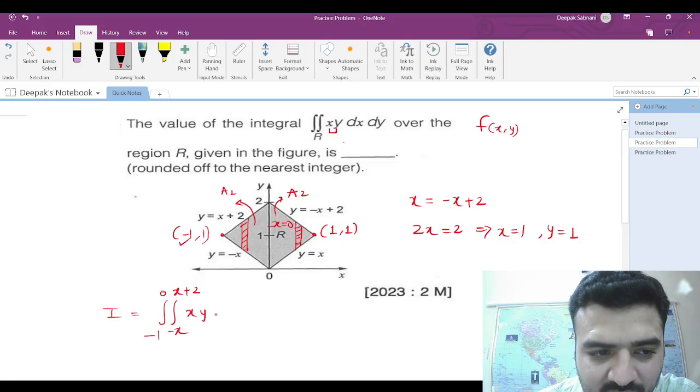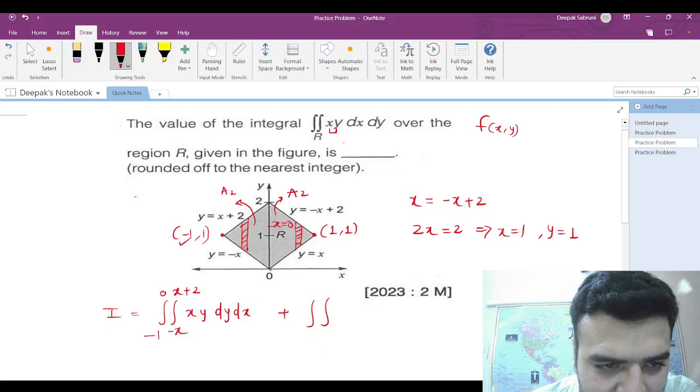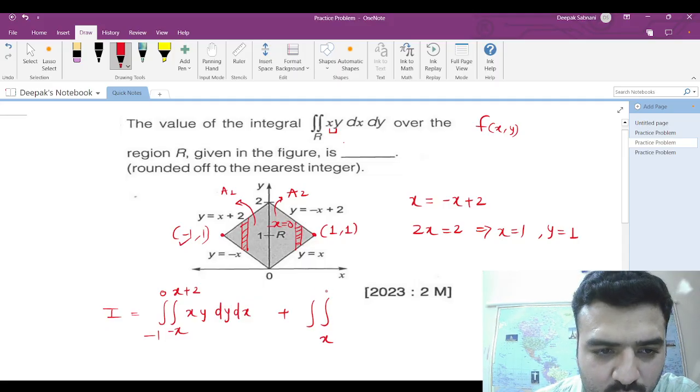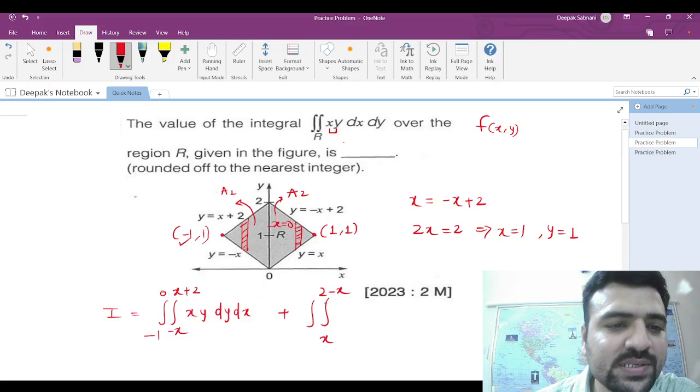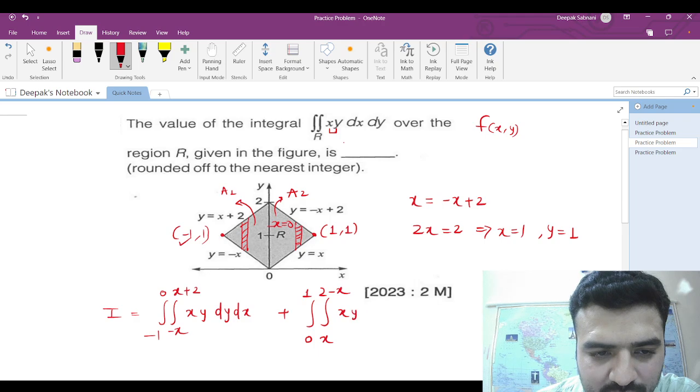Now this is the limit of y, so dy first, then dx. Plus, if we solve the second part, y starts from x to 2 minus x, and x goes from 0 to 1, of xy dy dx, because we are keeping the y limit first.